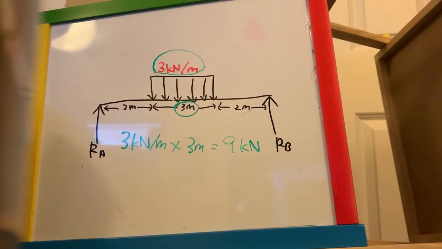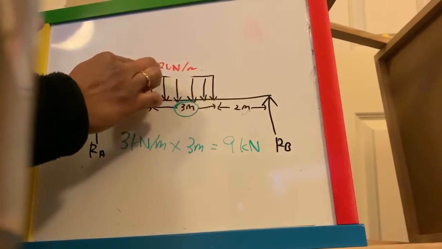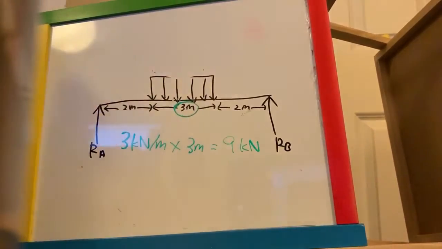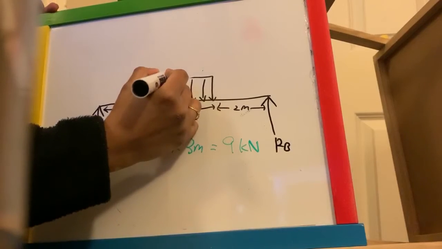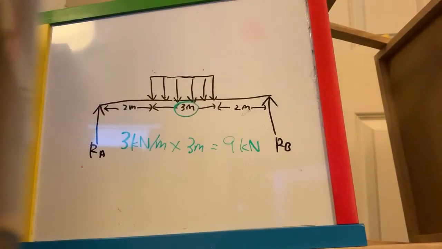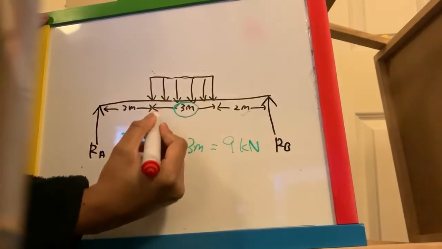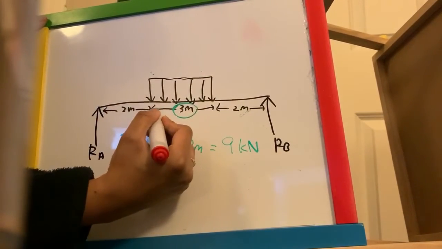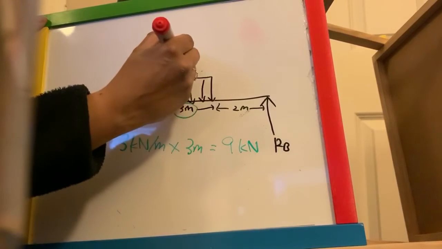We have to take this 9 kilonewton of force and represent that correctly in your diagram. So I'm just going to take this away so that you will be able to see clearly where this 9 kilonewton will be. It will be directed at the middle of these 3 meters, at the middle of the uniformly distributed load.